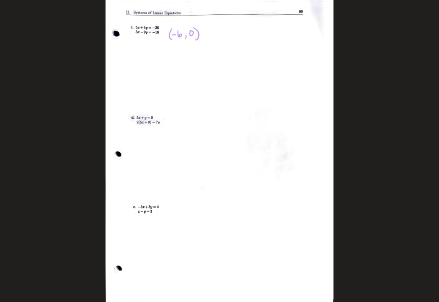So okay, let's go on to question D here. It says 5x plus y equals 9 and 2 times 5x plus 9 equals 7y. I really don't like that bottom equation. So what I'm going to do is distribute that 2 through, and then I'm also going to switch my y and my 18, so I'm going to subtract that 7y over.